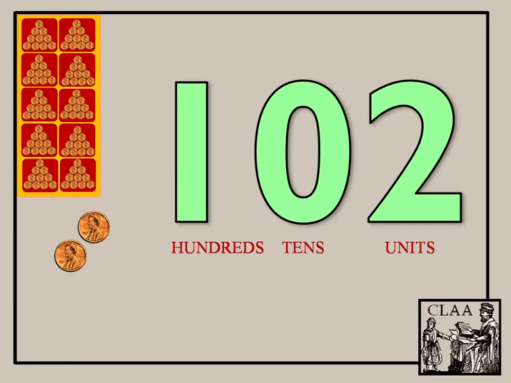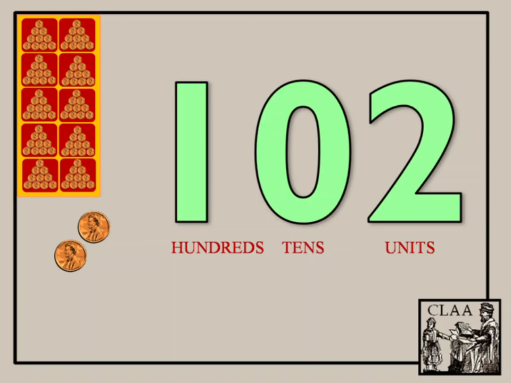How many pennies do you see on this screen? You can see that in the gold box there are 10 sets of 10 pennies. And we learned that 10 sets of 10 is 100. We can also see that there are 2 pennies left over.